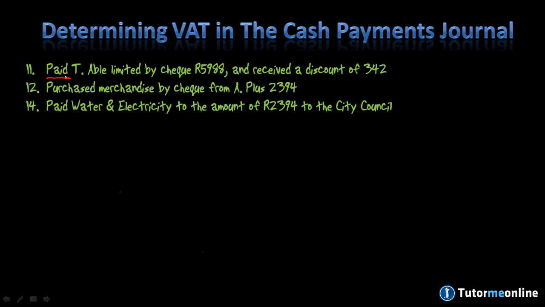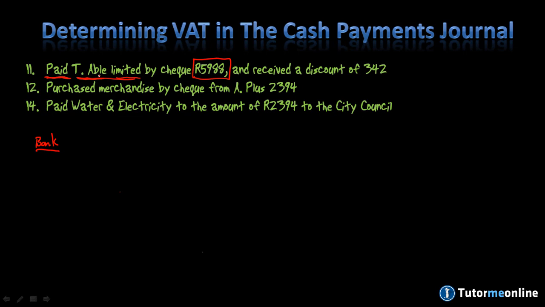So in the first instance, it's saying that we paid an amount. It was to T Able Limited and it was to the amount of 5988. So this tells us, first of all, that there's money leaving the business, which of course affects our bank account.